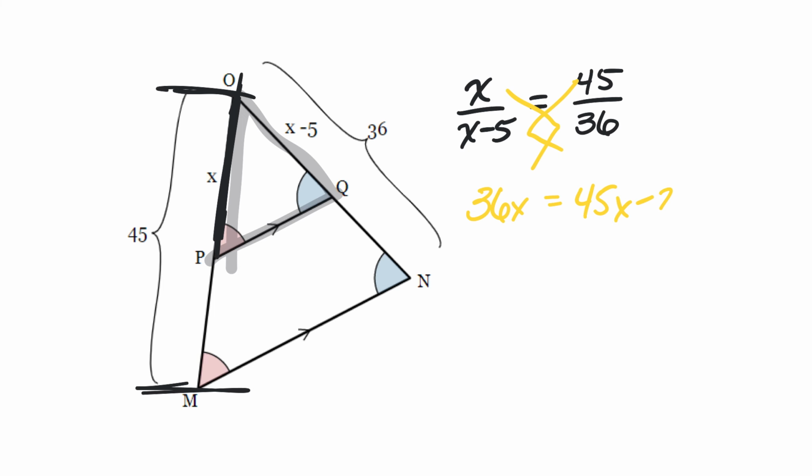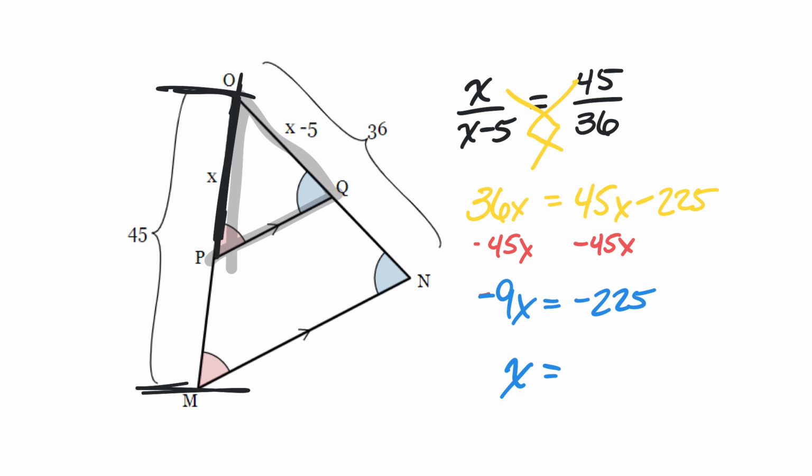So we're going to now, I generally like to move the larger to the smaller, or the smaller to the larger, but in this case, I'm going to move it this way, so I only have to move one thing. So this is going to be negative 9x equals negative 225. So when I divide by 9, I'm going to learn that my x value is equal to 25.